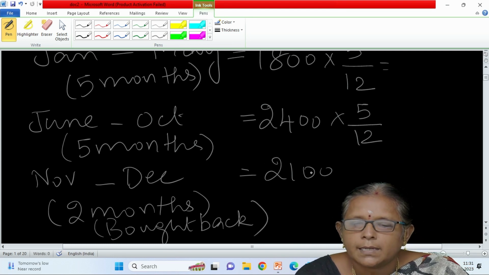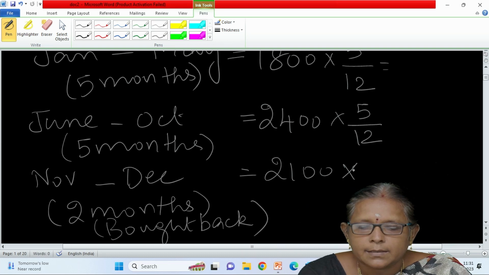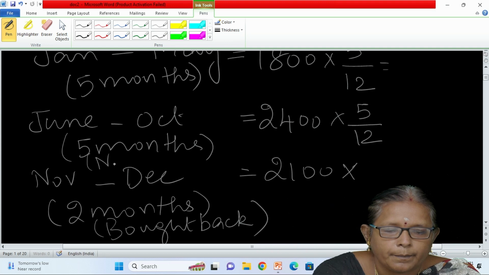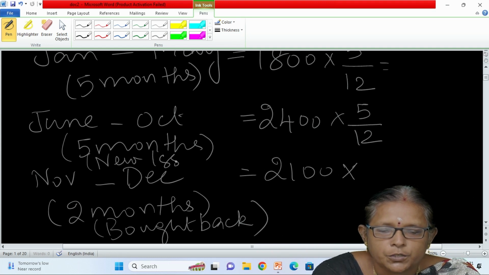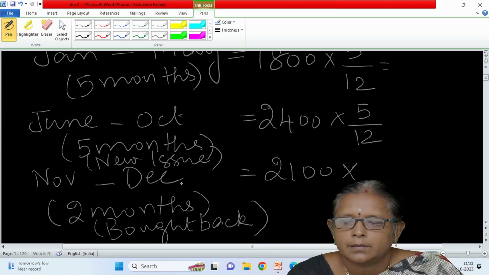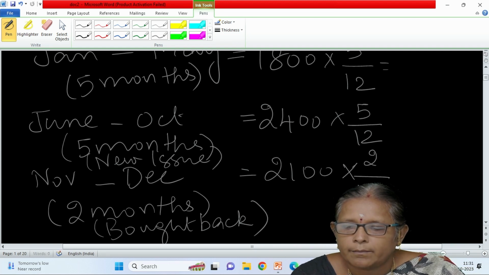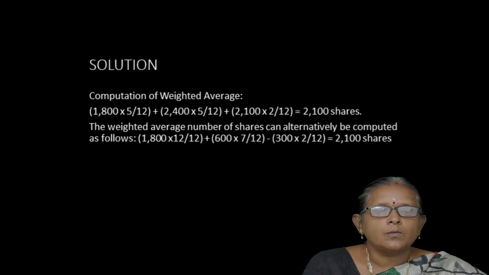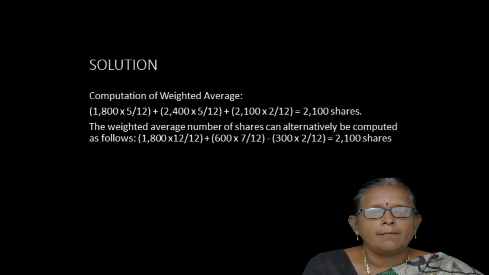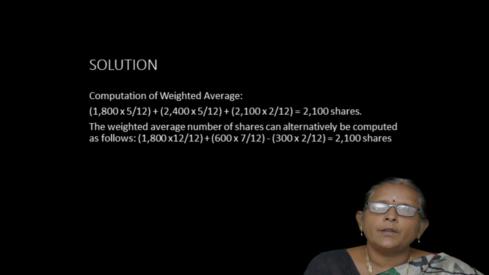That is why 2100 shares. That is 2400 minus 300. So 2 by 12. Okay. See the solution. 1800 into 5 by 12 plus 2400 into 5 by 12 plus 2100 into 2 by 12, that is equal to 2100 shares. So likewise, you have to compute weighted average number of shares.